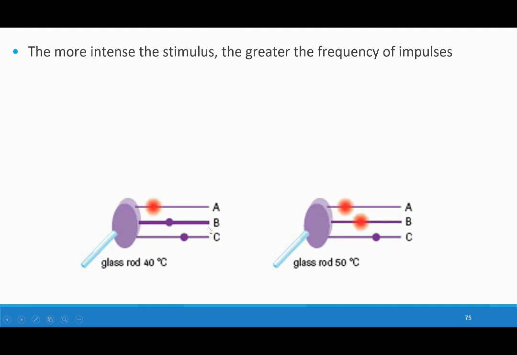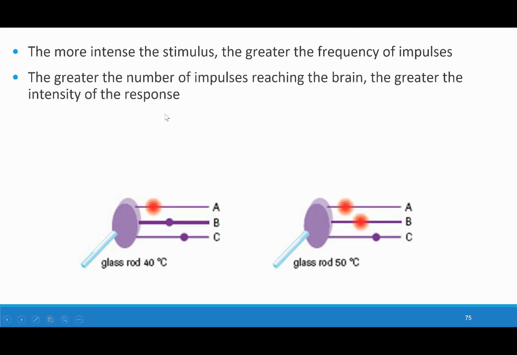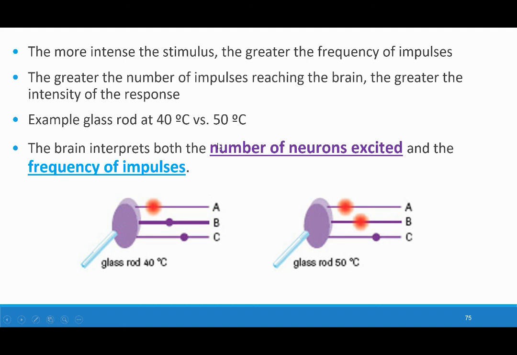And the answer to that is your brain interprets two things to allow it to differentiate various levels of stimuli. So one is the number of neurons that get excited. For example, if you look down here, we've got a glass rod touching a sensory receptor at 40 degrees.